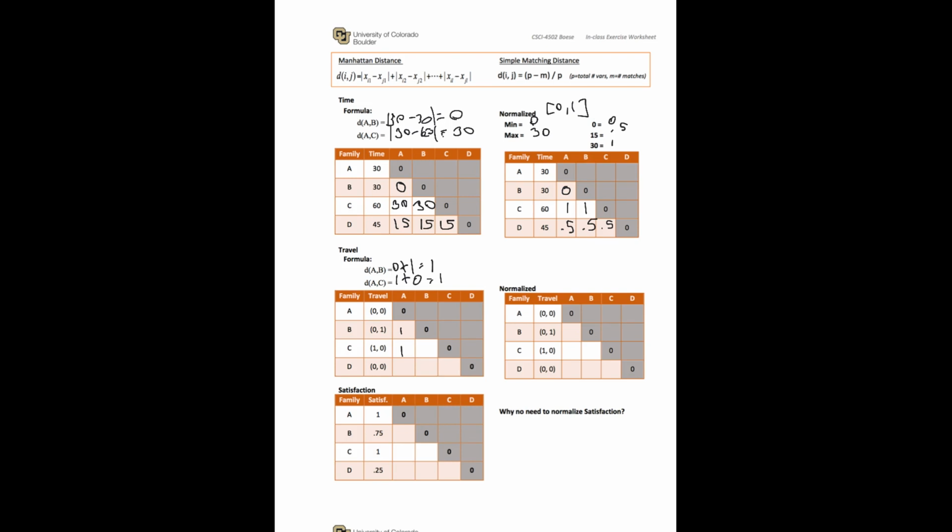For family A and family D, if you remember from the table on the previous page, they both walked, and so the difference is 0. All right, now again we want to normalize it, so we were doing it between the values of 0 and 1, so similar to what we did before, we're going to put these values in.